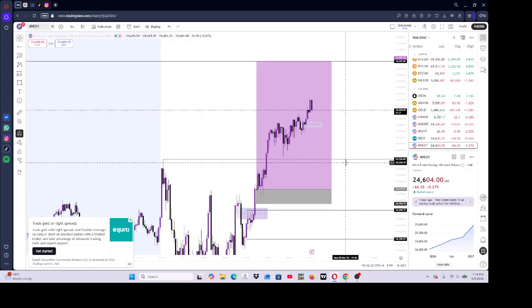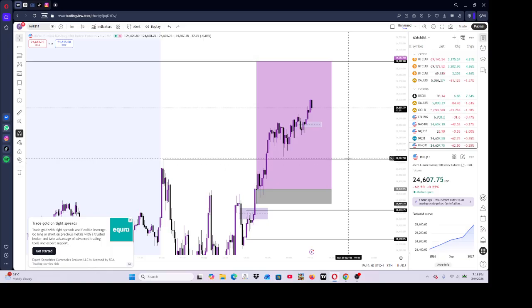Holy shit. A huge ripper. A huge ripper. Come on, engulf it. Engulf it. One push to the upside. That'll be so good. Oh, if it pushes above, it's good.